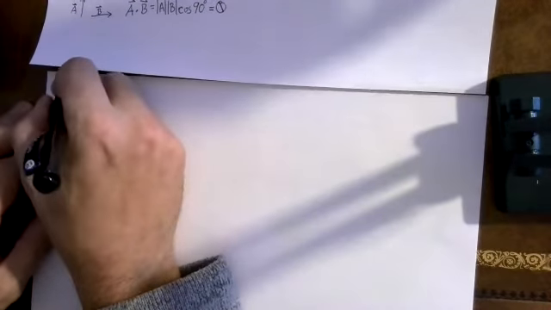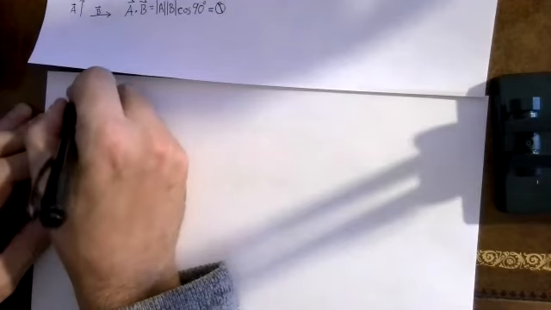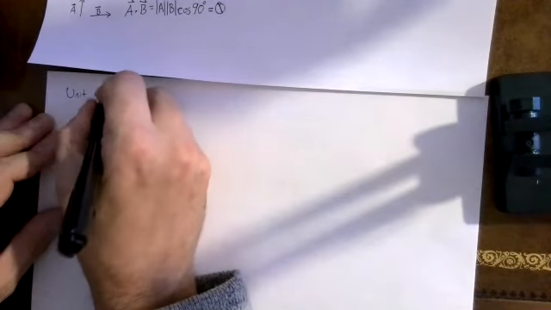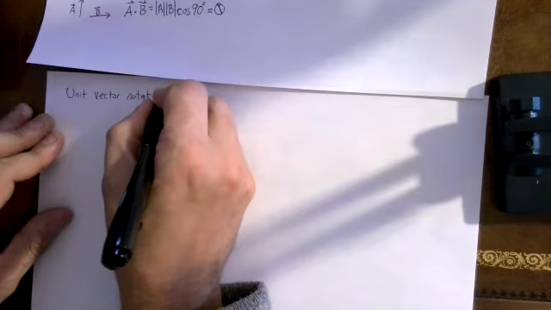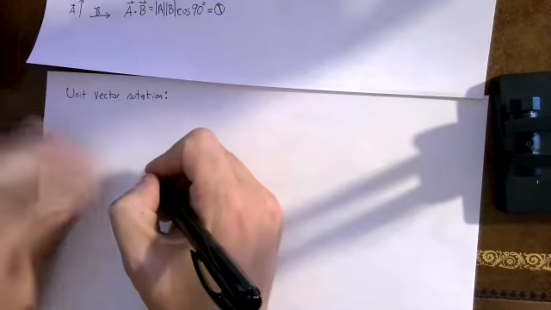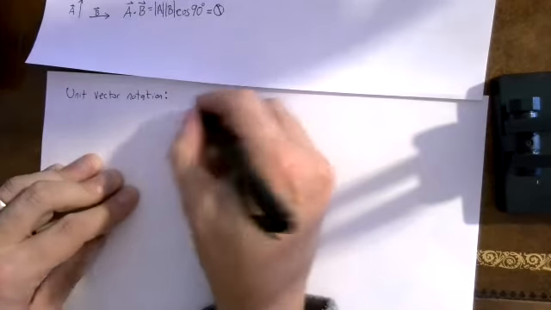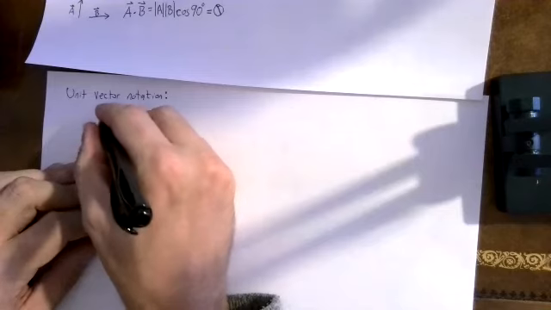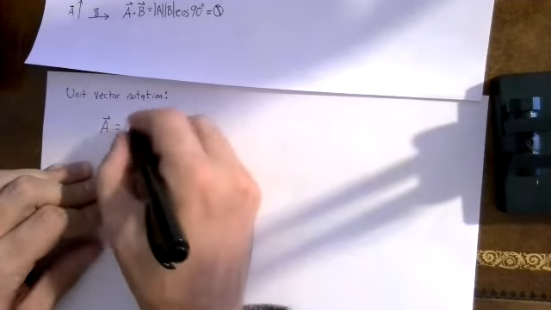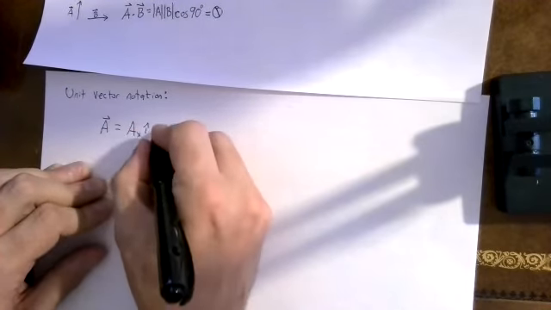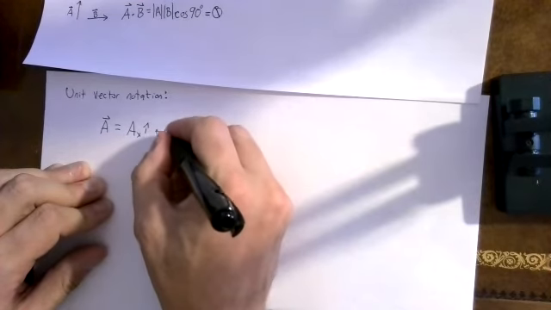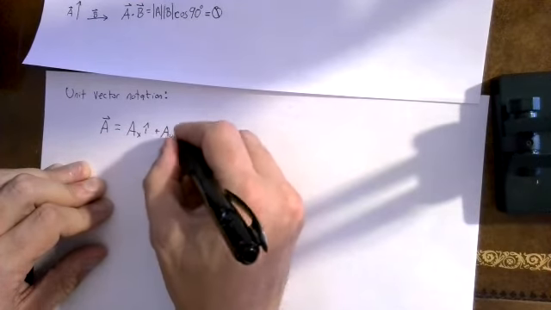So for unit vectors, if we have our vectors in unit vector notation, which means that we have our vector A written as some x component of A times i hat plus some number that's the y component of A times j hat.